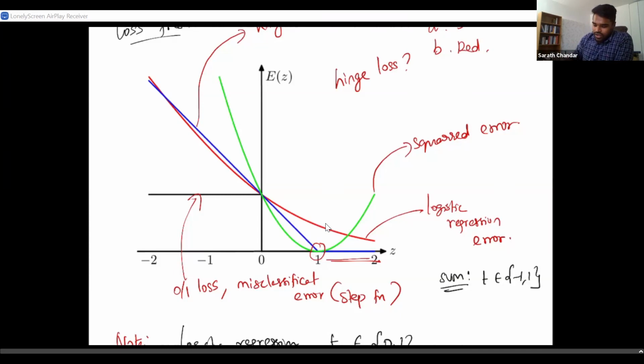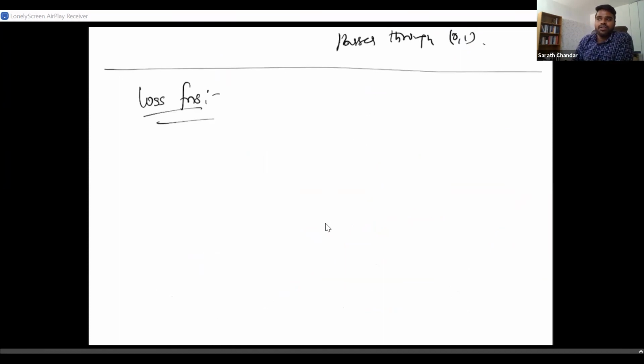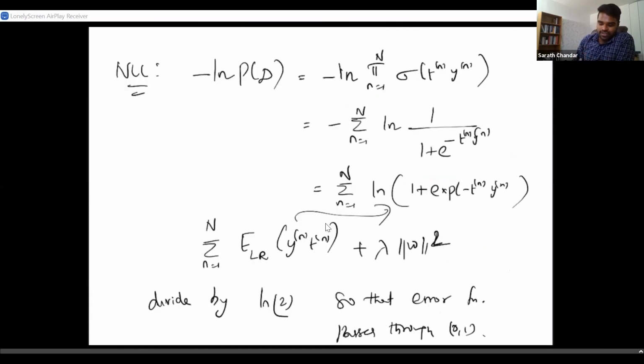So now that has some effect on the kind of solutions that we are going to learn. Okay, so now given that we have actually seen a bunch of loss functions, I would like to take a quick detour and talk about loss functions. So what are the loss functions we have seen so far?